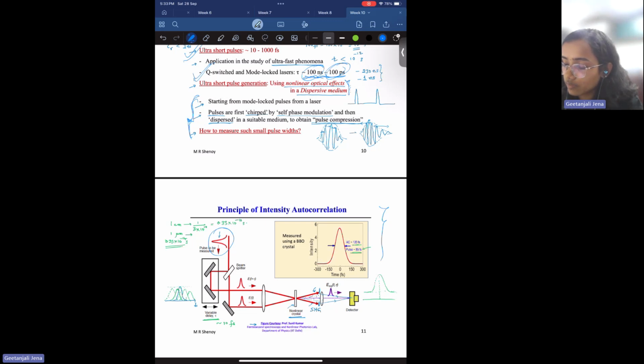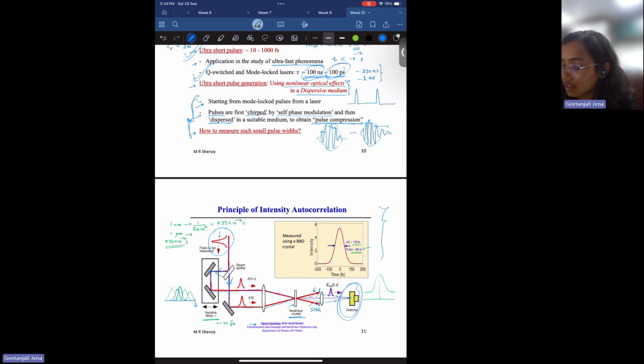This will split the beam in one direction and another direction. These two beams cover different paths and they interact with this nonlinear crystal. The nonlinear crystal will produce second harmonic generation, and this second harmonic generation will be detected by the detector.